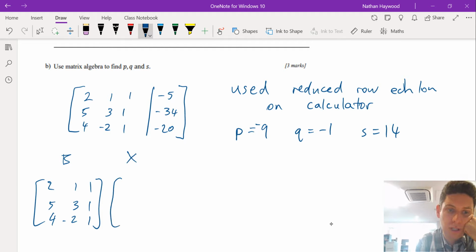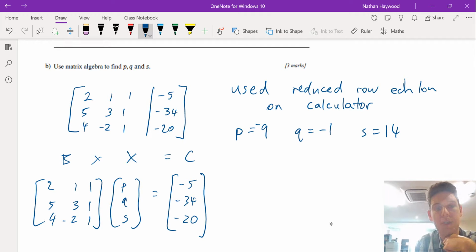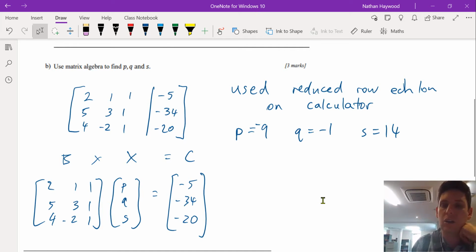Let's make all the unknowns this matrix X, so P, Q, S, and the constants, let's make them matrix C. A column matrix. So you've got B times X equals C. Now we want to solve for x, so we need to do the inverse of B. So this is another way of solving it.